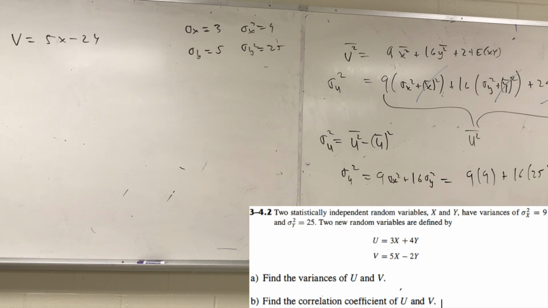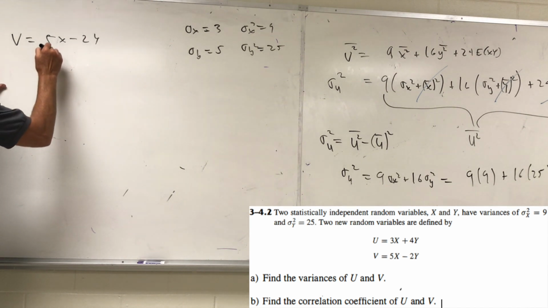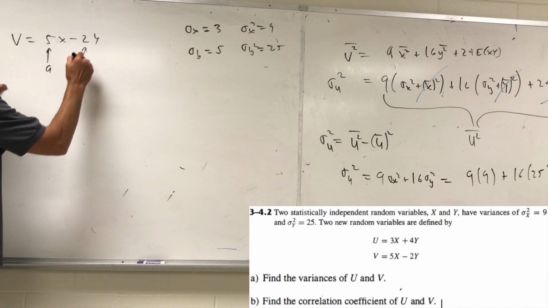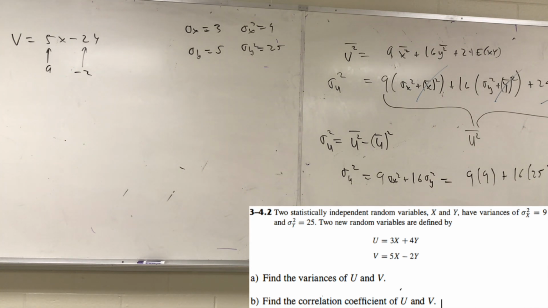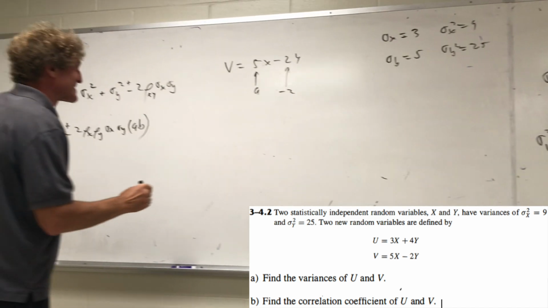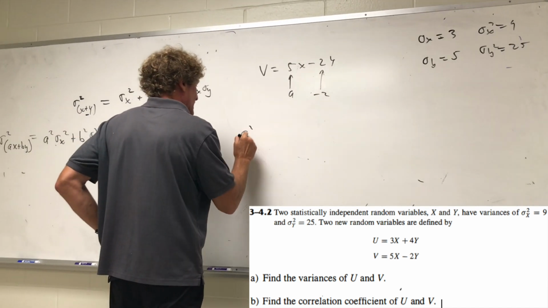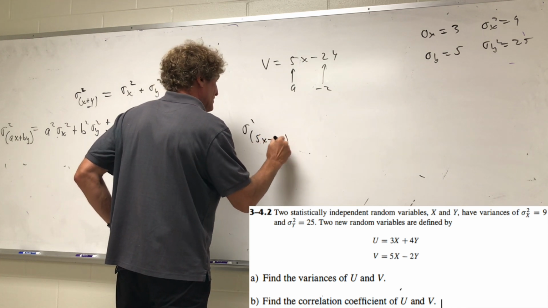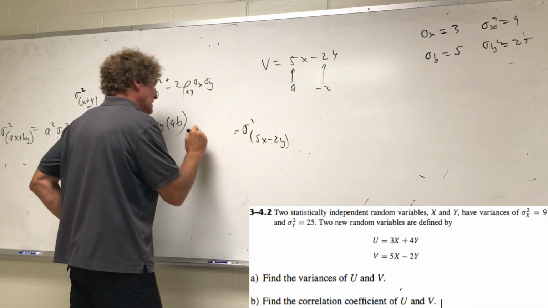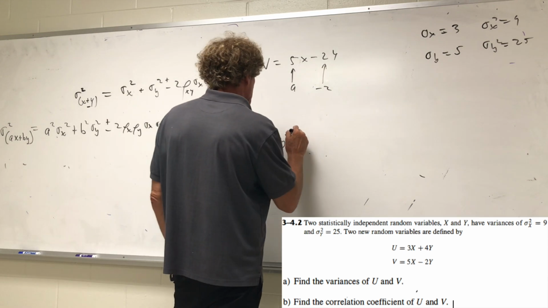So my a is 5, and my b is minus 2. You agree with me, class? Now we go down here, and if I want sigma squared of 5x minus 2y, which is the same thing as sigma squared of v, what is it?